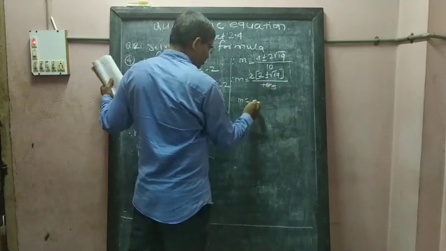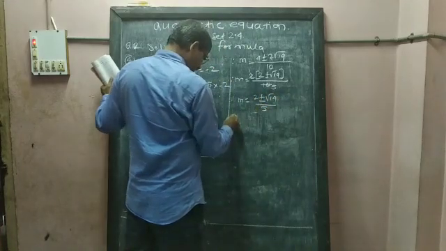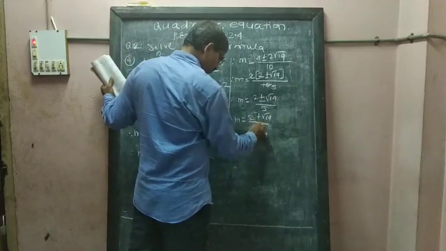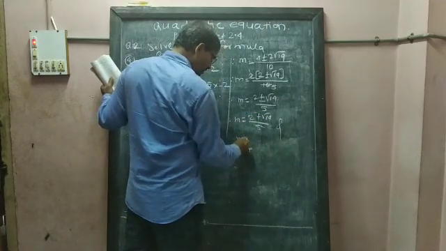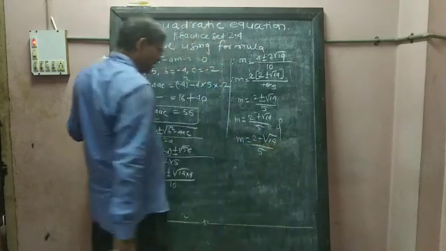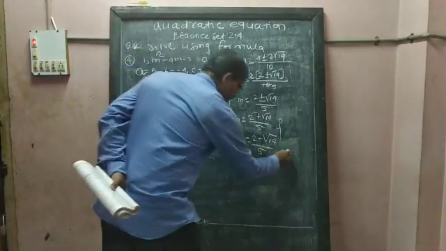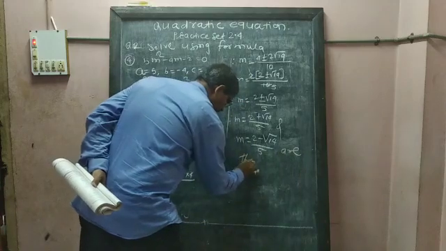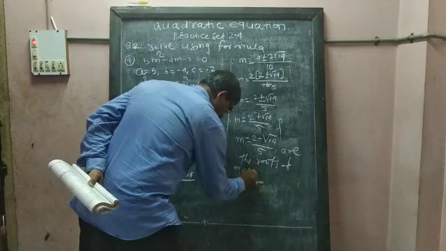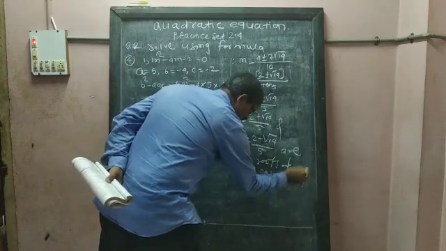Therefore m is equal to 2 plus minus under root 14 upon 5. So m is equal to 2 plus under root 14 upon 5, and m is equal to 2 minus under root 14 upon 5 are the roots of the given equation.